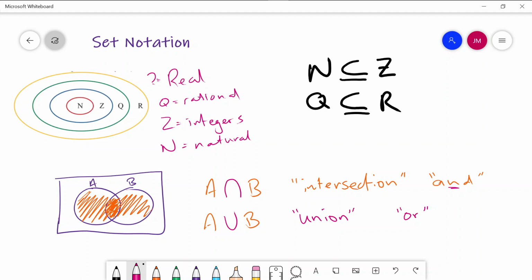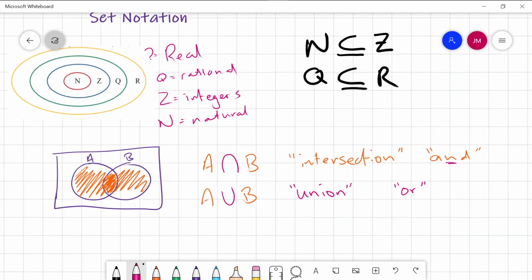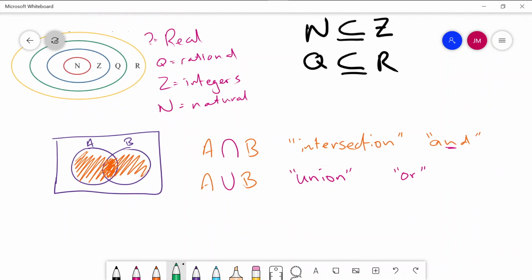So the other types you might come across, if we've got subsets, we've got union, we've got intersection, you might be asked to say that something is not part of it. So it doesn't belong in there. So we can say that something is not an element of. So we use this symbol. It looks like that. We read that as belongs to or is an element of.